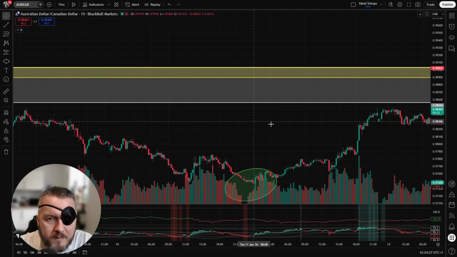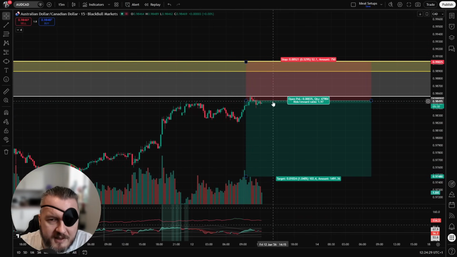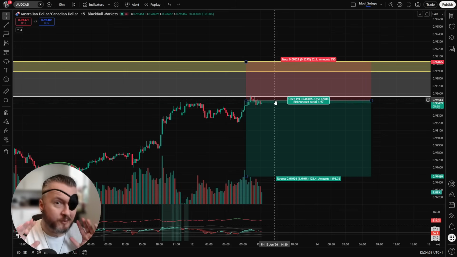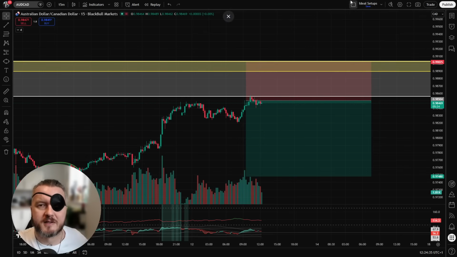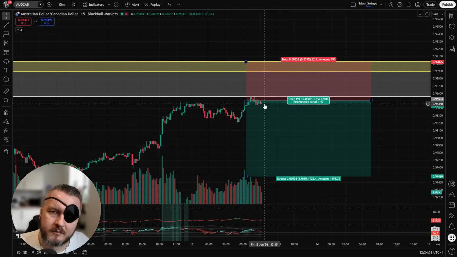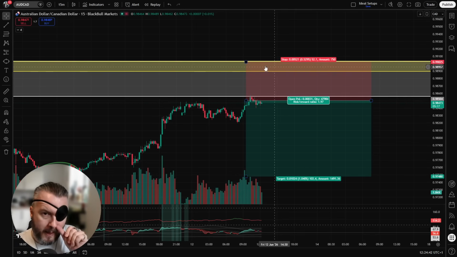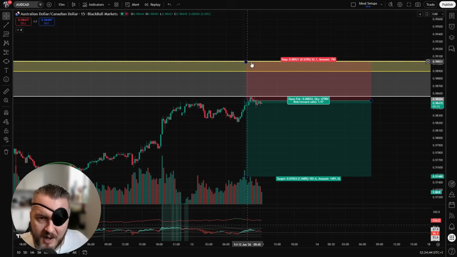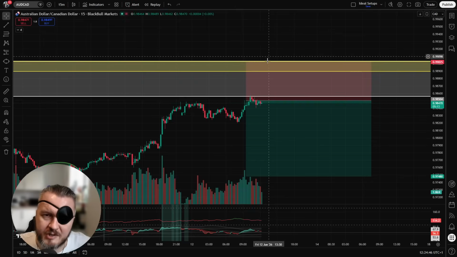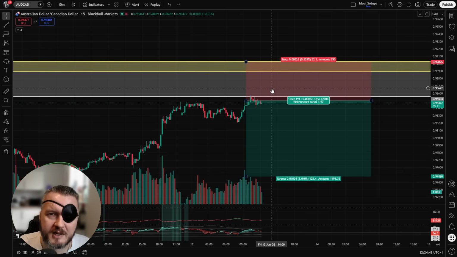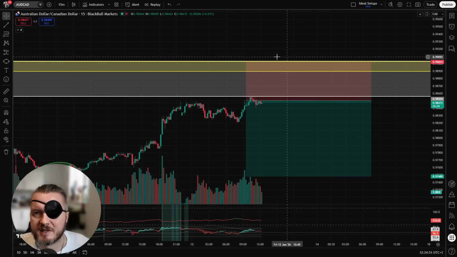Now, obviously I've entered this initial trade here. I haven't gone full send on it, so I've got plenty of margin to work with. If it does retrace and continue to push upwards, I might extend my stop for this trade to a little bit above this area.